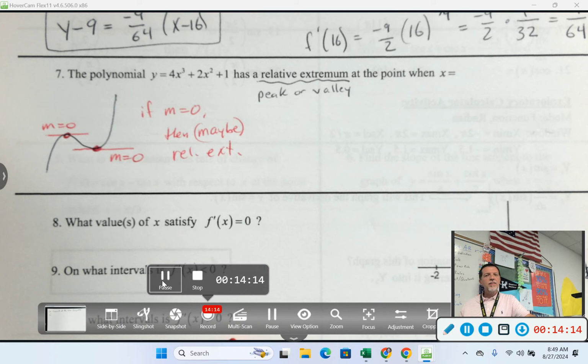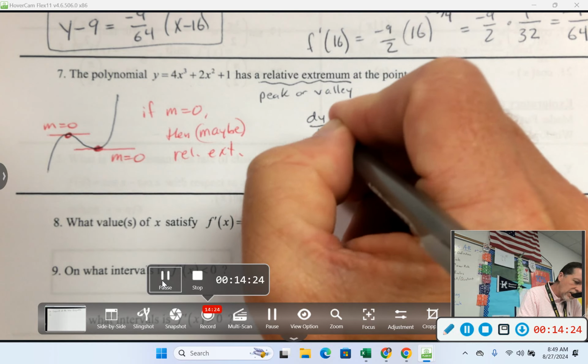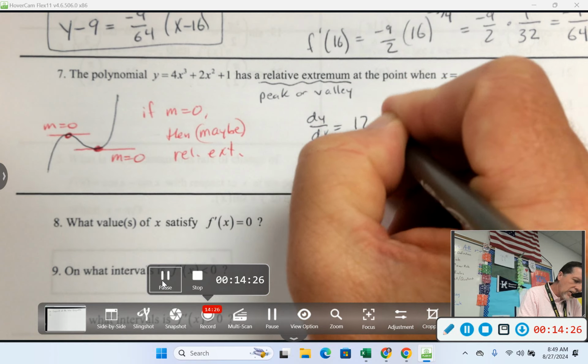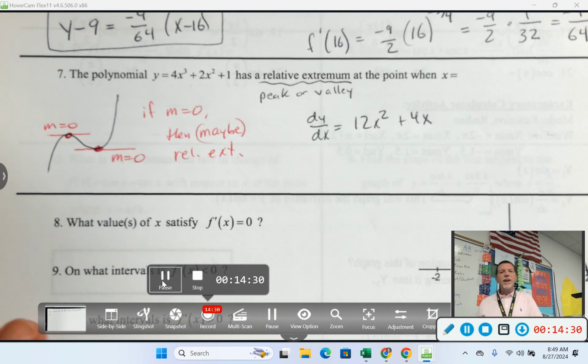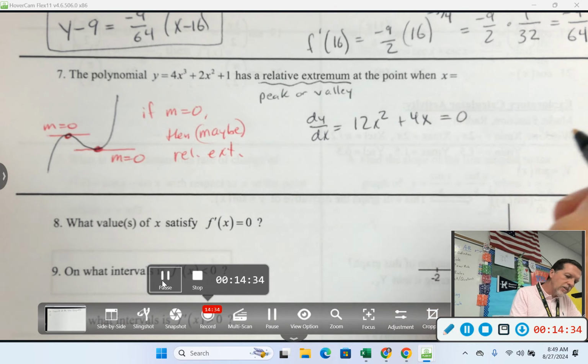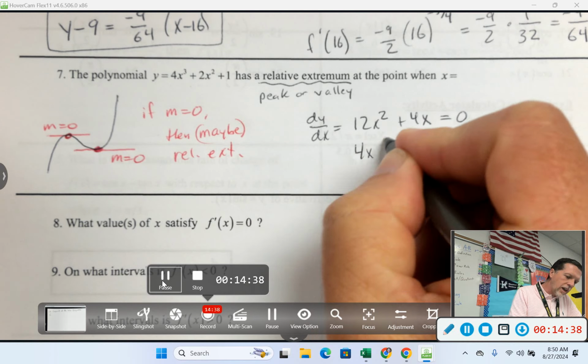So let's take a derivative, set it equal to 0, and that will tell us possible extrema. X squared plus 4x. So that was kind. That's an easy one to solve, hopefully. Set it equal to 0. Factor out a 4 and an x.